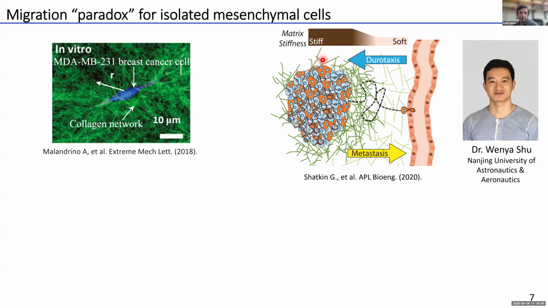In fact, the question was stiffness-dependent migration, known as durotaxis or anti-durotaxis. That brings a migration paradox for isolated mesenchymal cells.